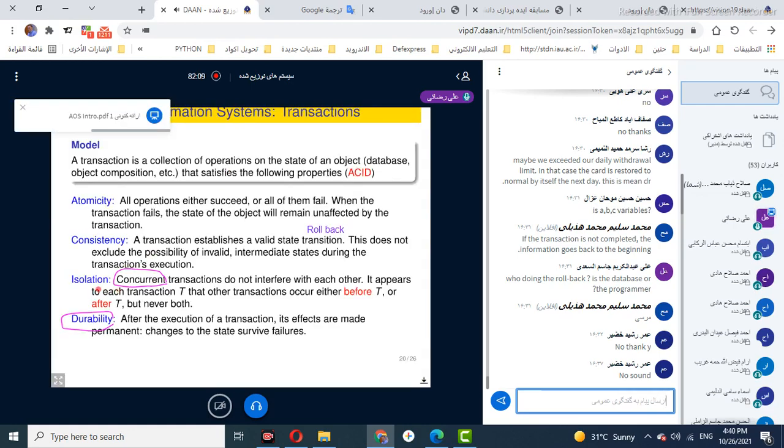In isolation, each transaction thinks that it is the only transaction in the system. So it appears to each transaction, for example T, that other transactions occur either before T or after T, but never both.